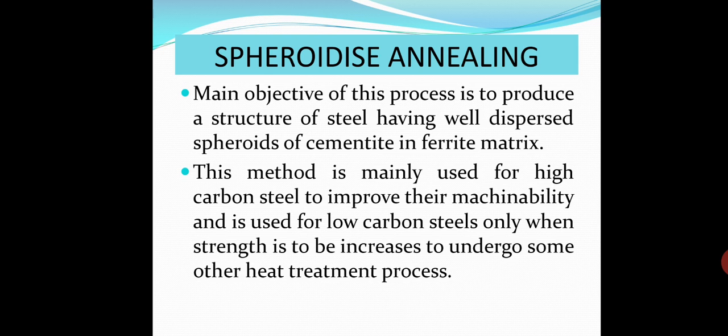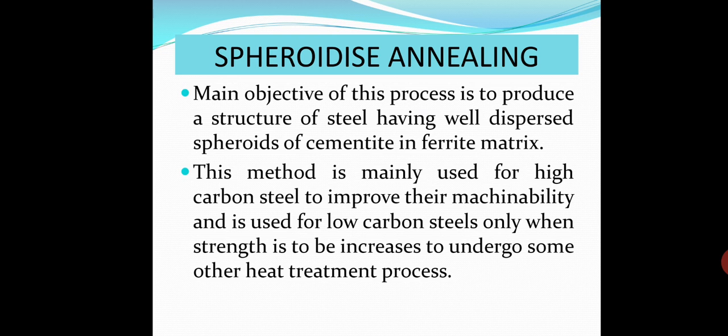Next is spheroidized annealing. As the name spells, it forms spheroids of cementite in ferrite matrix. It changes the microconstituent. This method is mainly used for high carbon steel.